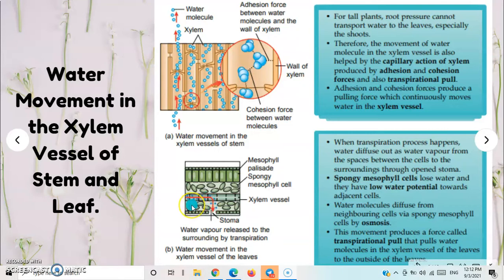Because the spongy mesophyll cells have low water potential than the adjacent cell, so it will pull the water from the adjacent cell, and the water diffuses into the spongy mesophyll cell by osmosis. Then it will create a transpirational pull when it pulls water from the xylem vessel to the outside of the leaf. That is referred to the transpirational pull.